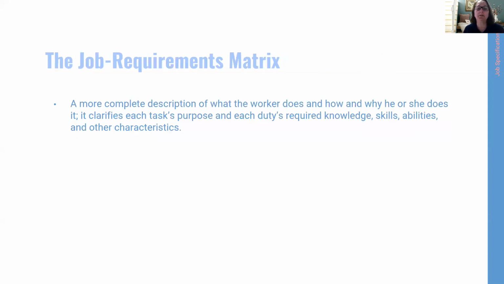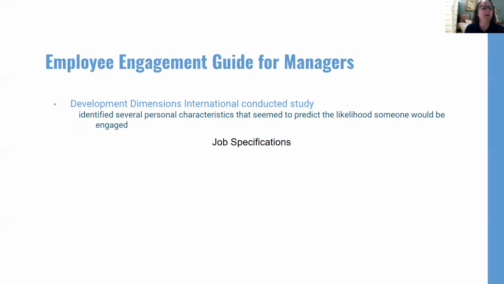A job requirements matrix is a more complete description of what the worker does and how and why he or she does it. And it includes the knowledge, skills, ability, and other characteristics that might be required. So the employee engagement guide for managers: human resource consulting company Development Dimensions International conducted a study of 3,800 employees.